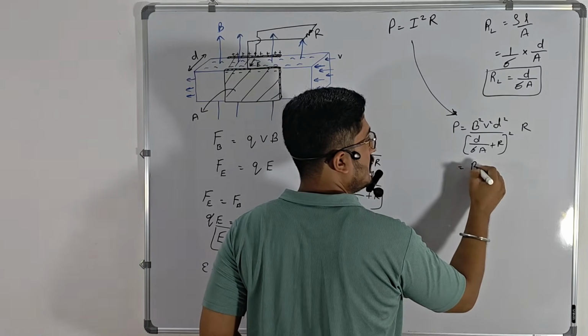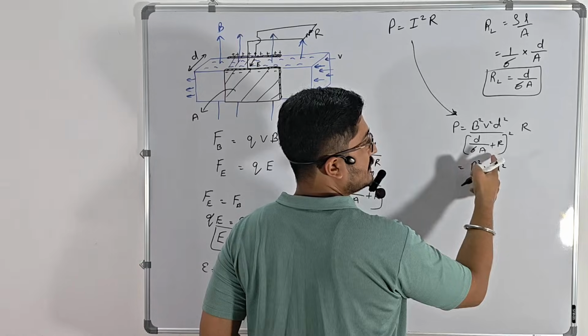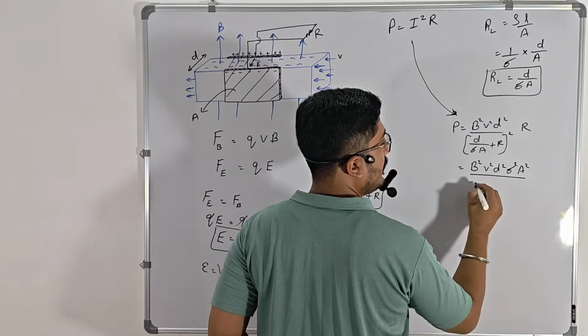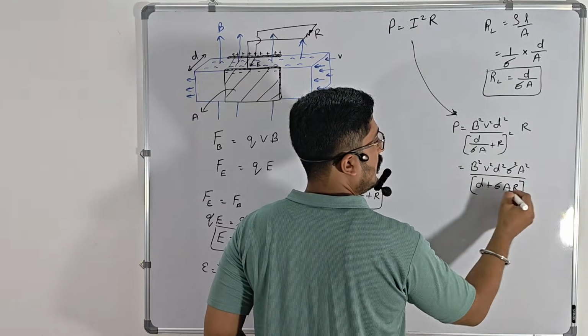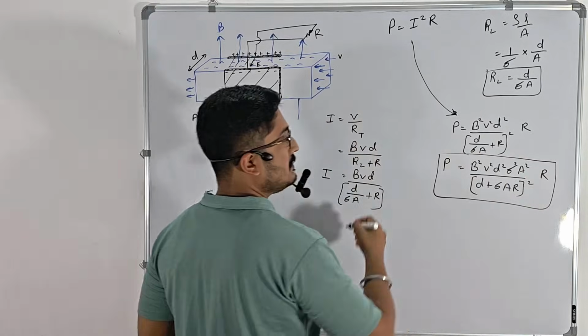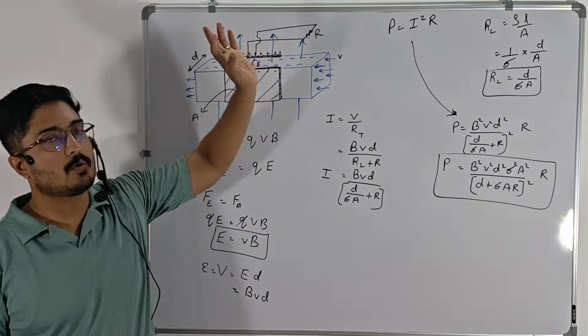So you can say power is B square V square D square, and then when you take LCM, the sigma square A square will also come up, divided by D plus sigma A times R whole square into R. This becomes the power dissipated. This is the total power dissipated in this circuit.